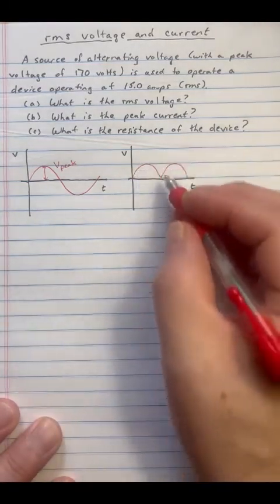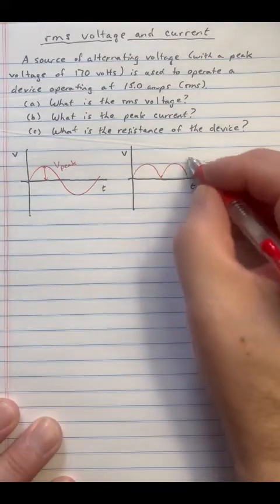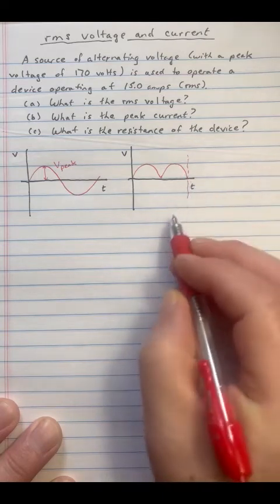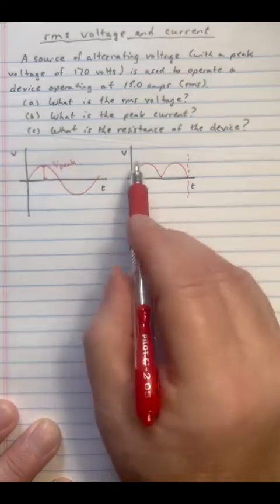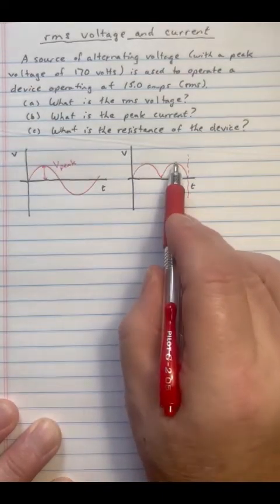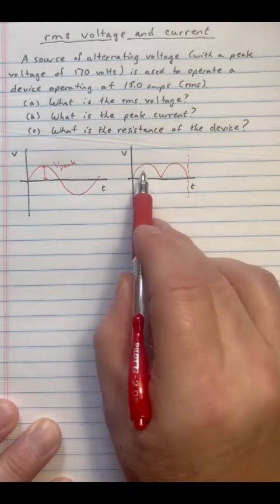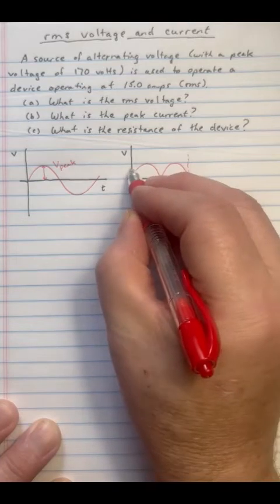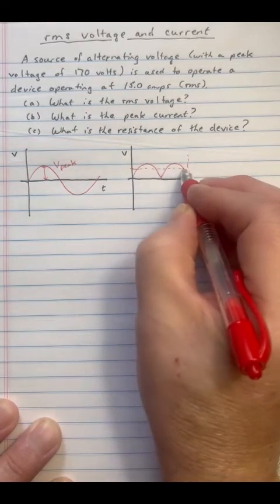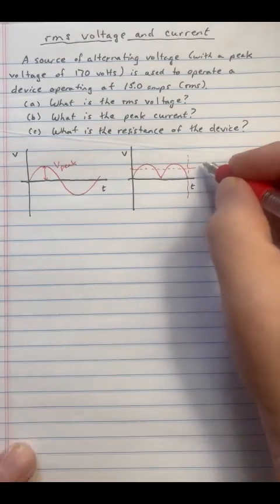Now, the root mean square idea is then to take an average over one full cycle's worth of time. So we don't just simply take the peak here, or for that matter, the zeros over here, or a straight up numerical average. There's a special way to do this, which ends up roughly about here, called the RMS value.